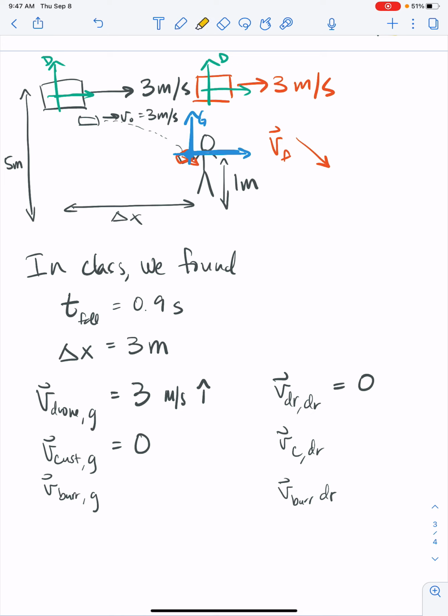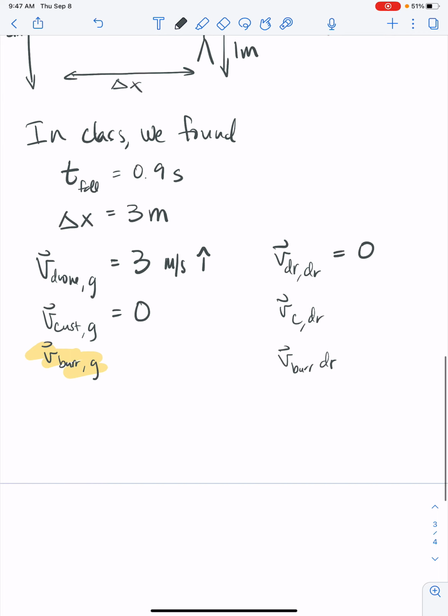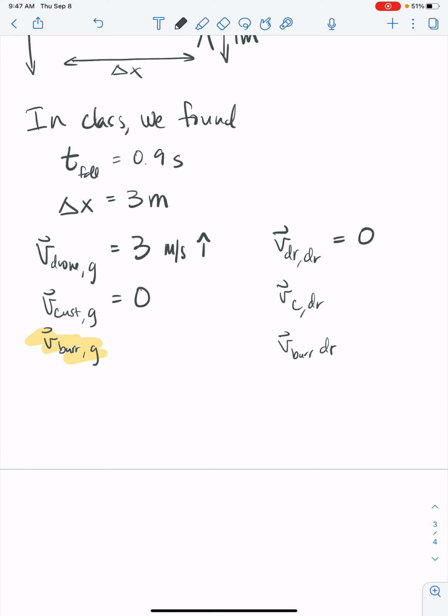First, let's think about the velocity of the burrito with respect to the ground. Now, this one is not really a relative velocity problem, but because we skipped it in class, I'm going to go ahead and go through it. To find the velocity of the burrito with respect to the ground, we want to use both of our velocity kinematics equations. So Vx is just constant, right?